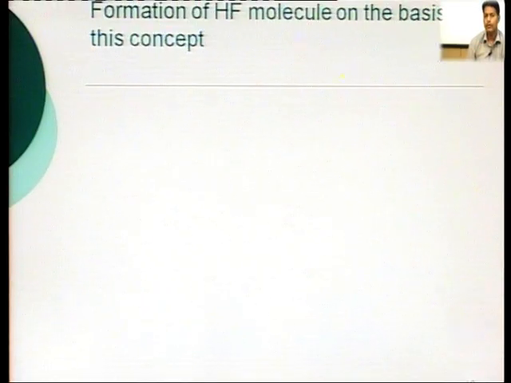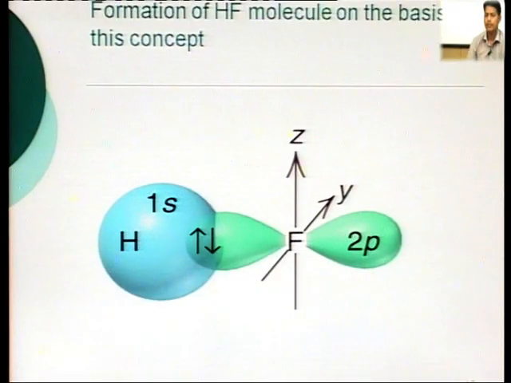Formation of hydrogen fluoride molecule on the basis of this concept. Here the electron of hydrogen is in 1s orbital and the valence single electron of fluorine is in 2p orbital. Here 2px is shown.